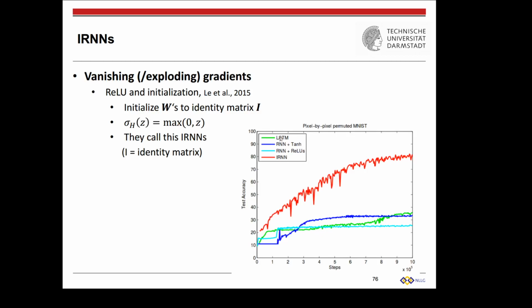If they compare that to LSTM, which we see later, they're performing much better, and they're also performing much better than RNN with a tanh function or just the standard RNN with a ReLU function, right? So they say, okay, here we have our problem, and on this problem, the IRNN, which is just a very simple initialization and modeling of RNNs, works quite well.